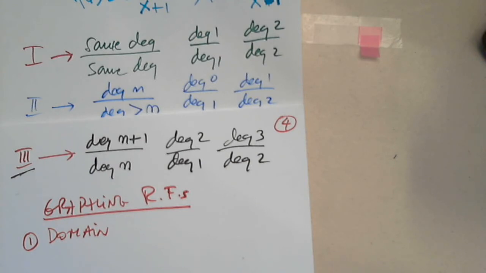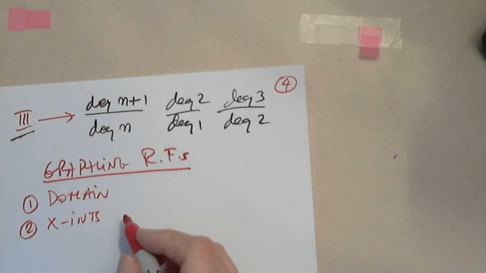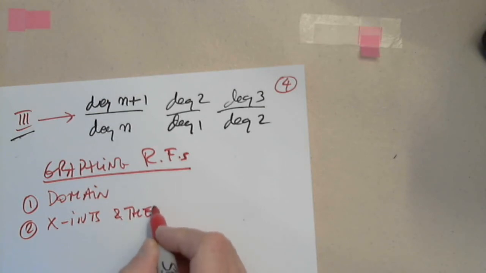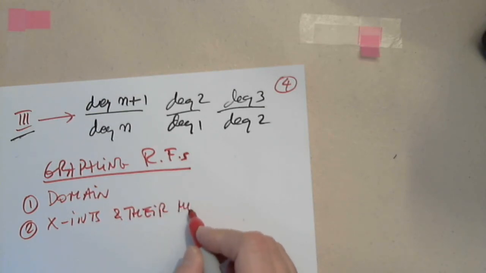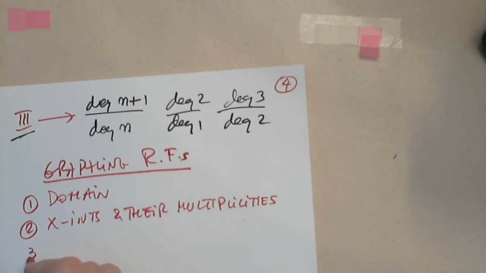What was the next one? X-intercepts and their multiplicity. The same thing. X-intercepts and their multiplicities, if they have any. Perfect. Next.